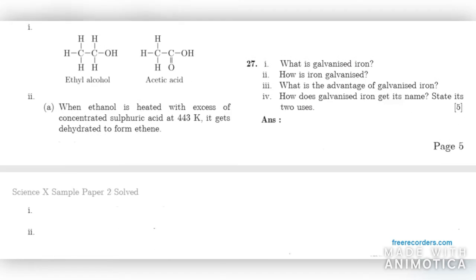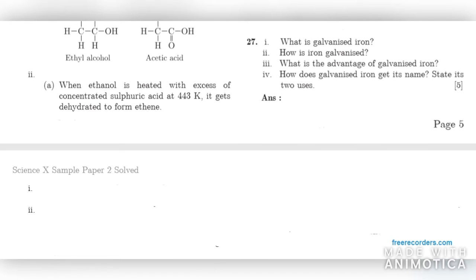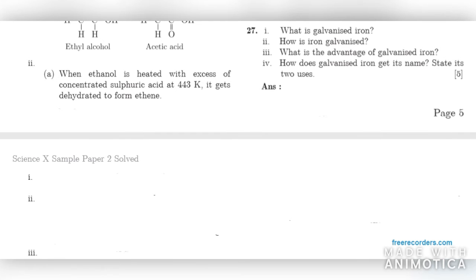Now question number 27 says, what is galvanized iron? How is iron galvanized? What is the advantage of galvanized iron? So the first one, galvanized iron: you can write that iron whose surface is coated with a thin layer of zinc is called galvanized iron. The second one, how is iron galvanized? The iron sheets are passed through molten zinc.